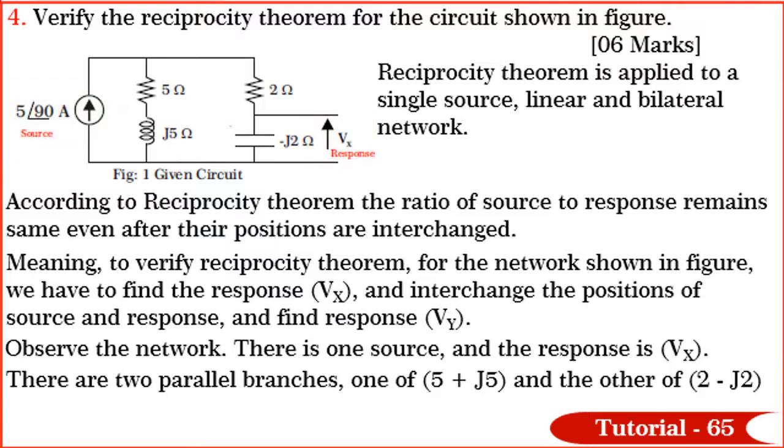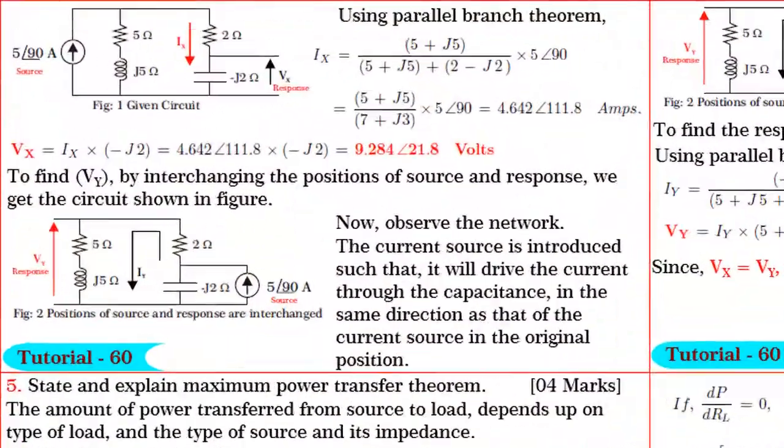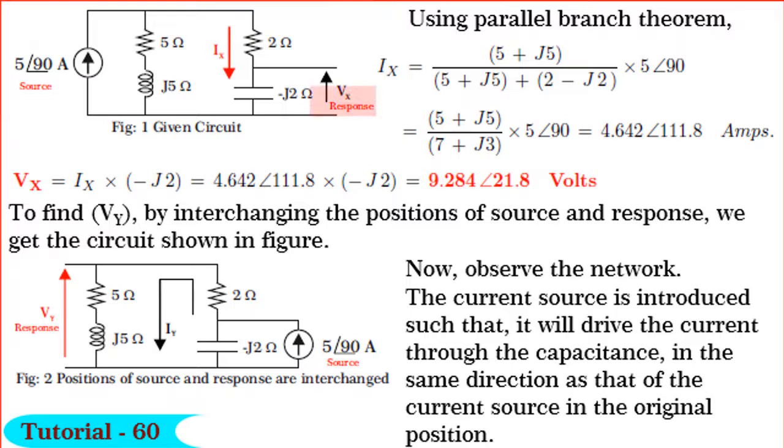Also observe that there are two parallel branches across the current source, one of 5 plus J5 and the other of 2 minus J2 ohm. Friends, to find Vx, we need to find Ix, and Vx is equal to Ix into minus J2 ohm.